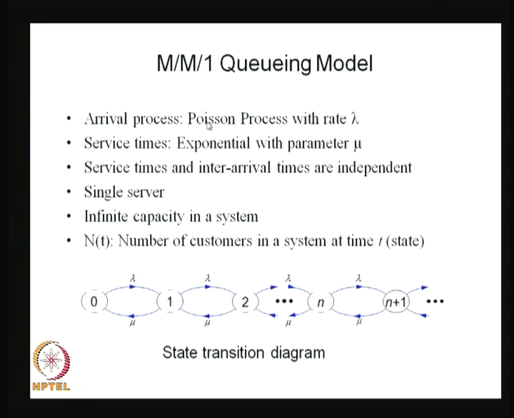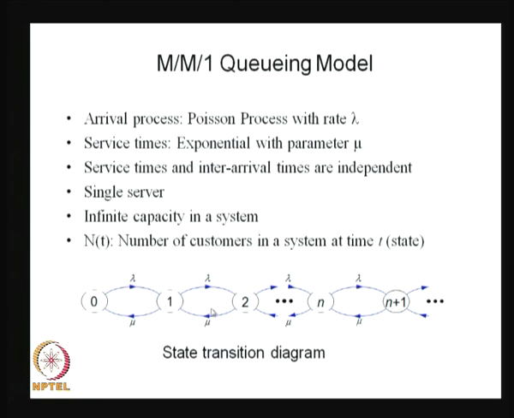So, whatever assumptions we have for the Poisson process, those are going to be satisfied. And since we have only one server in the system, and he does the service for only one customer at a time, after finishing the customer's service, he moves into the next service immediately, and so on, if customers are available in the queue. Therefore, the system goes to the state one below by only one move.